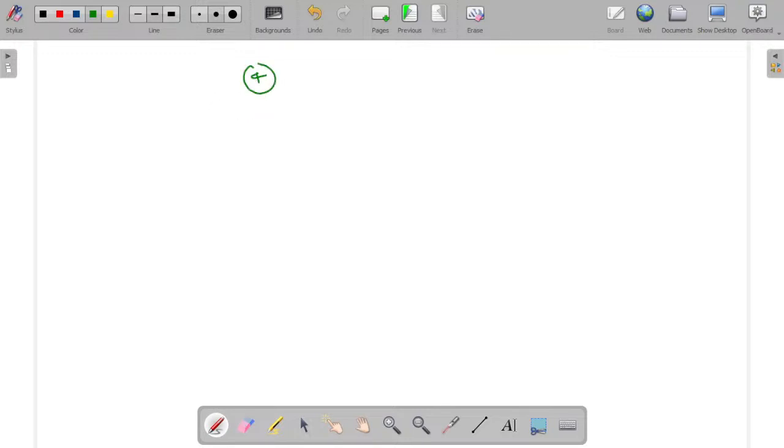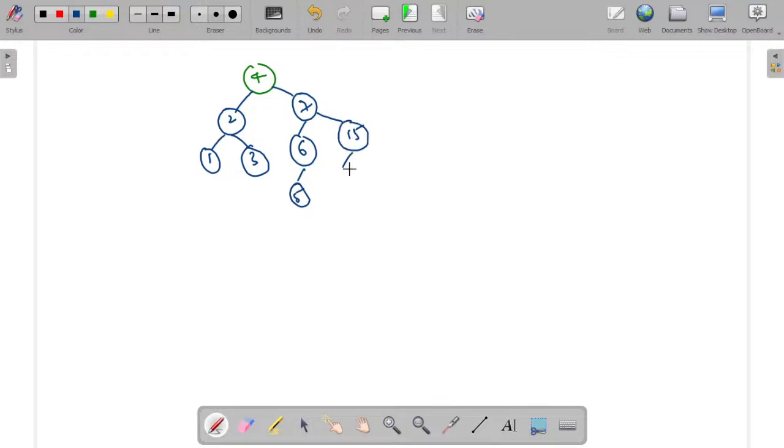So the present tree is this. All right. So now, which side do you want me to insert a node, Tendulkar?